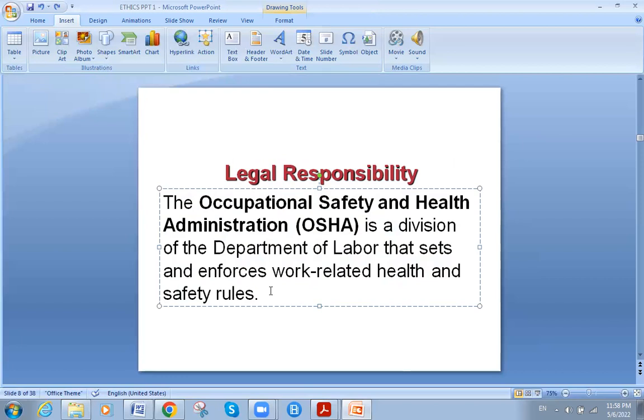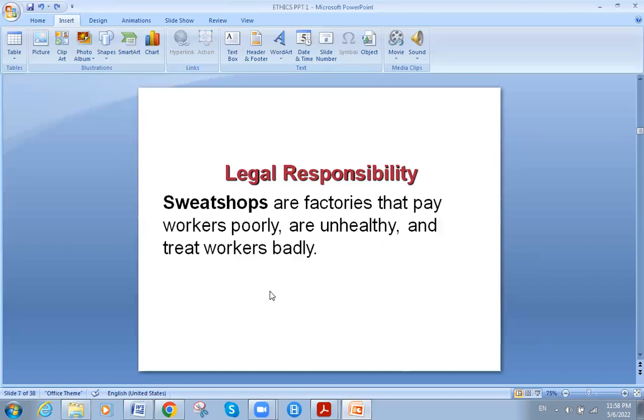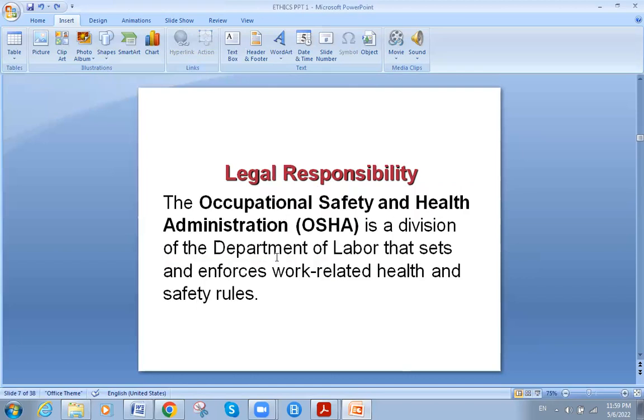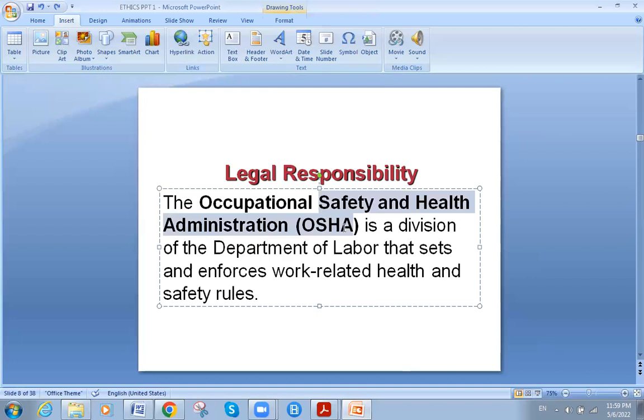They care about avoiding sweatshops. So the governments work through their bodies and institutions like the Safety and Health Administration or Safety and Health Board.